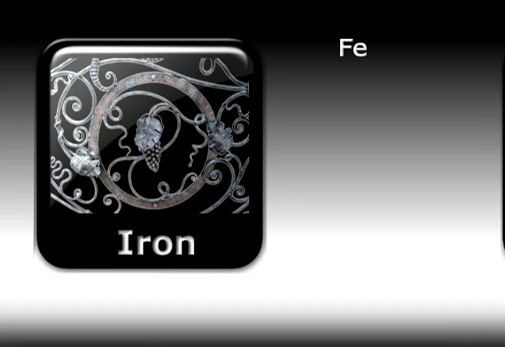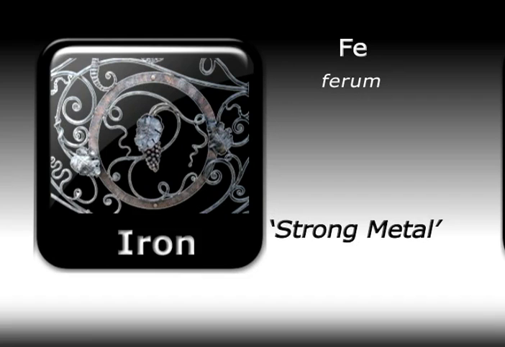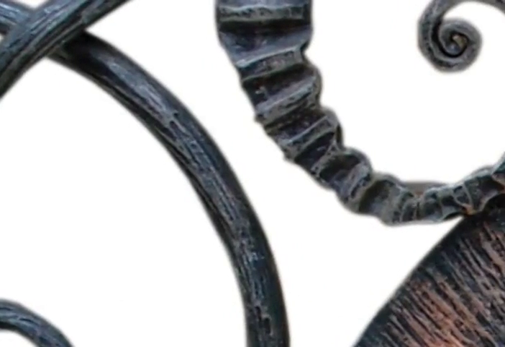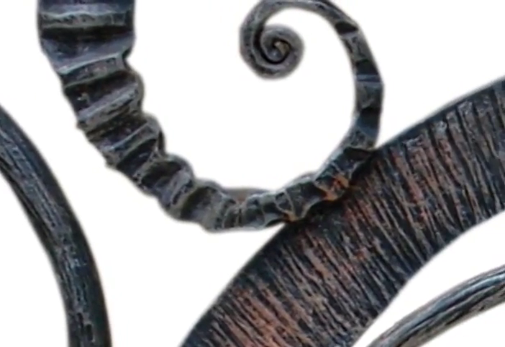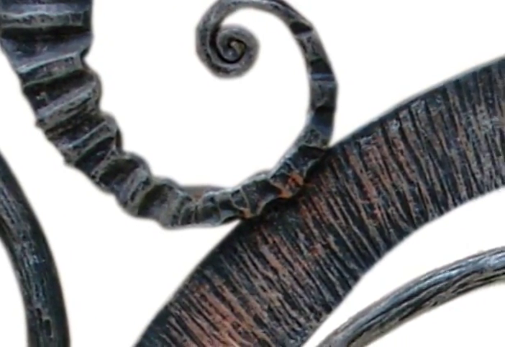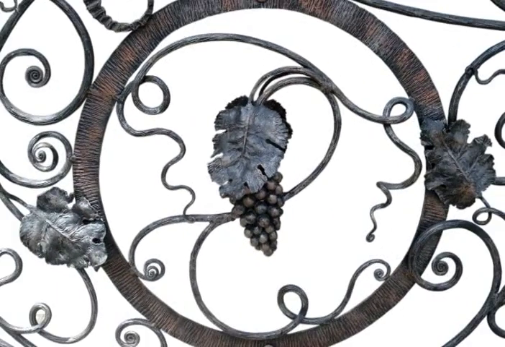Iron's symbol is Fe from the Latin ferrum, meaning iron. The English word iron is a bit obscure and probably means strong metal, to contrast it with the weaker bronze metal. It is one of the oldest and easily one of the most important of all the metals. 90% of all metal refined in the world is iron.